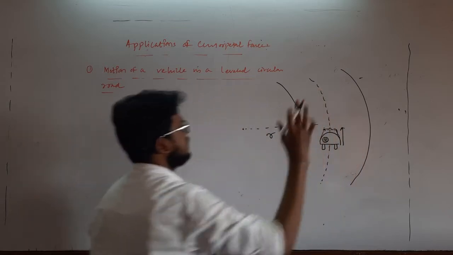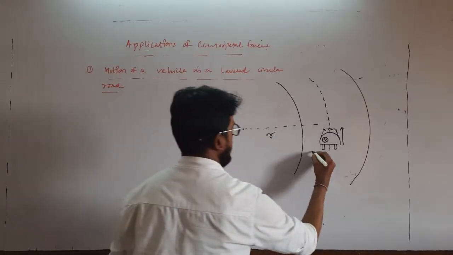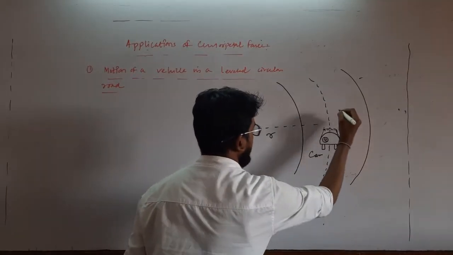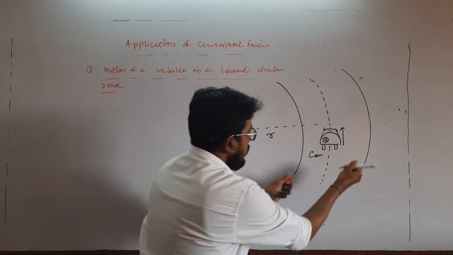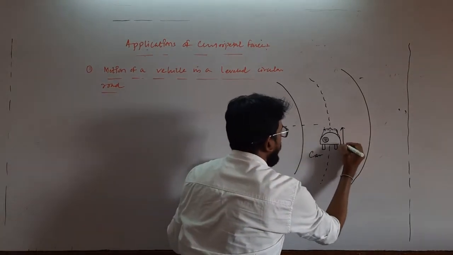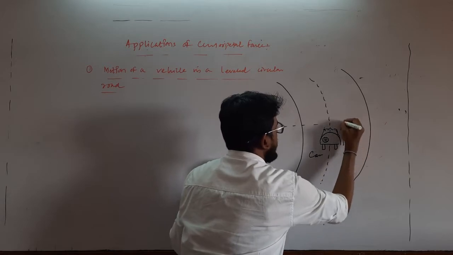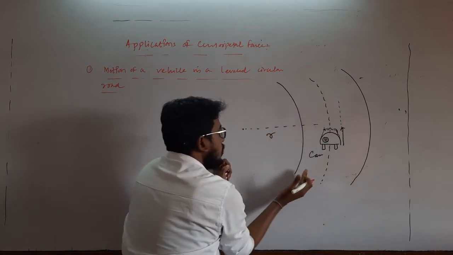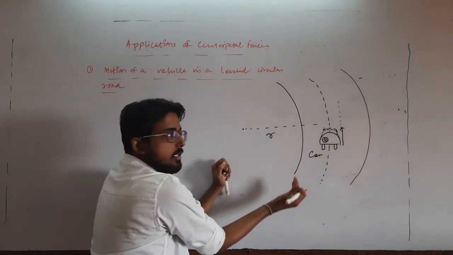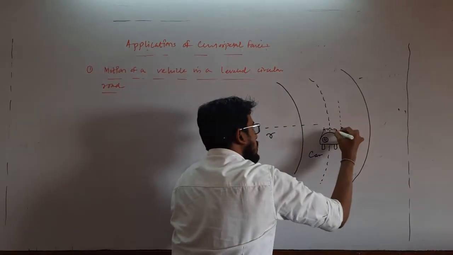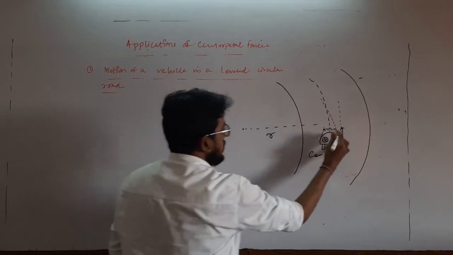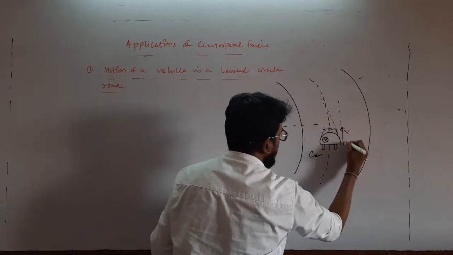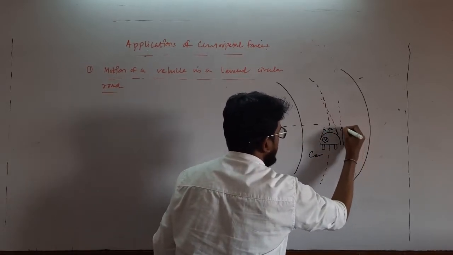Just assume this is a car traveling along this direction. Due to inertia of motion, the direction of the car will be along this direction, but due to the turning of this circular track, the vehicle wants to turn along this direction. Due to its initial velocity, let at this point P be v, which is along this direction.